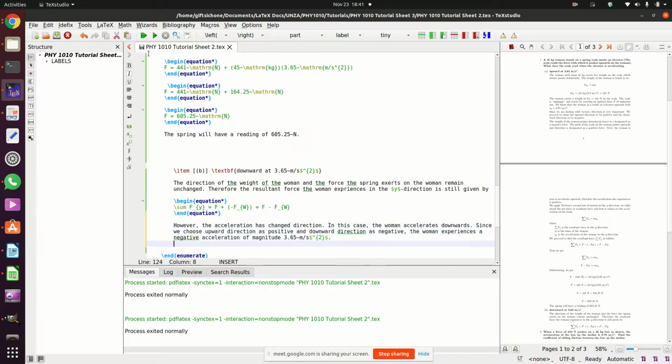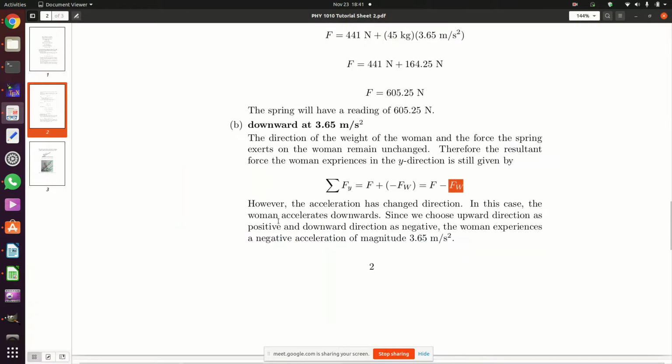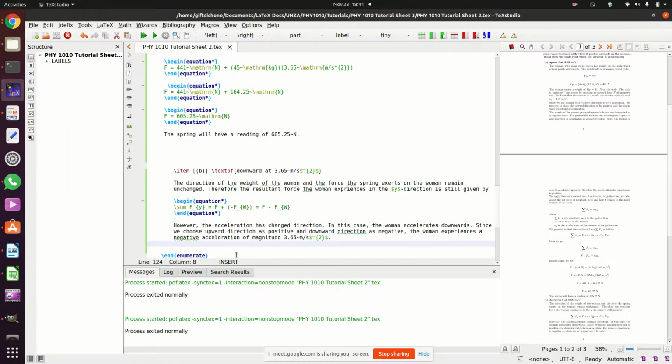So the only thing which has changed as far as this woman is concerned is the direction of acceleration, which is now pointing in the negative direction. The resultant force still remains the same. Okay. So next we apply Newton's second law of motion.